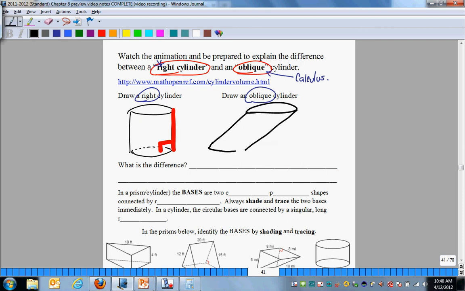Think of the Leaning Tower of Pisa here. This is not a right angle. So I'd like you, in your own words, to write a sentence. What is the difference between a right prism and an oblique prism? Take the time to write your own sentence and differentiate that in your brain.